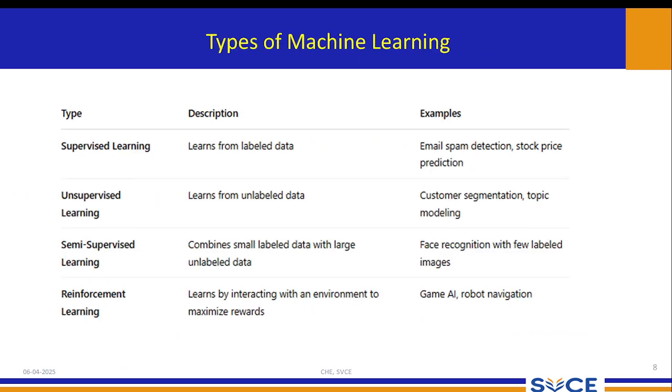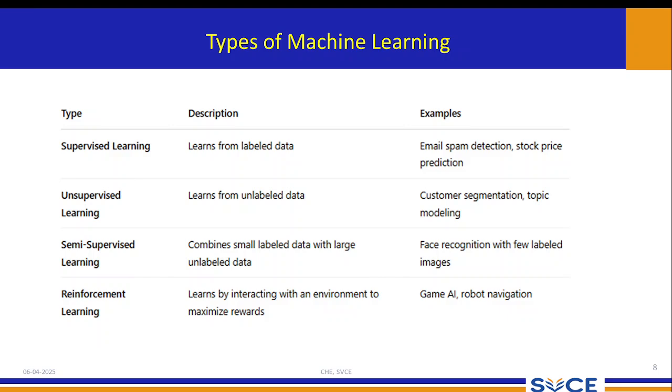So coming to the types of machine learning, we have supervised learning, unsupervised learning, semi-supervised learning, and reinforcement learning. So what are they actually? In supervised learning, as I told you, the input data is correlated with the output, so it learns from labeled data. Unsupervised learning learns from unlabeled data.